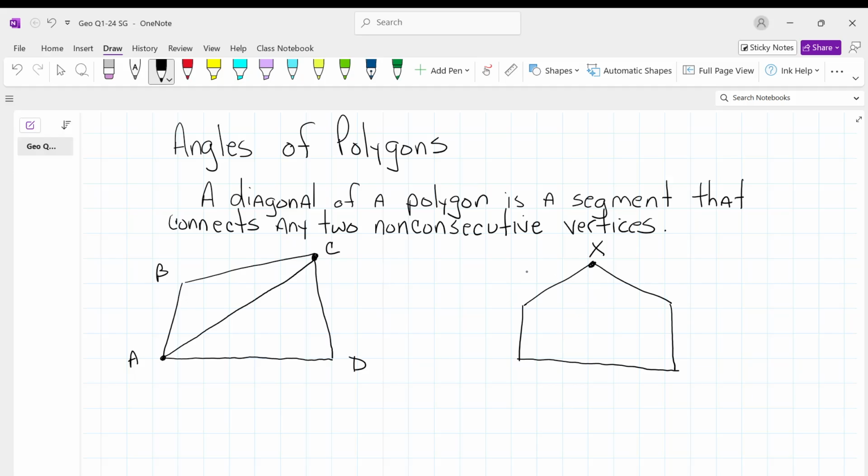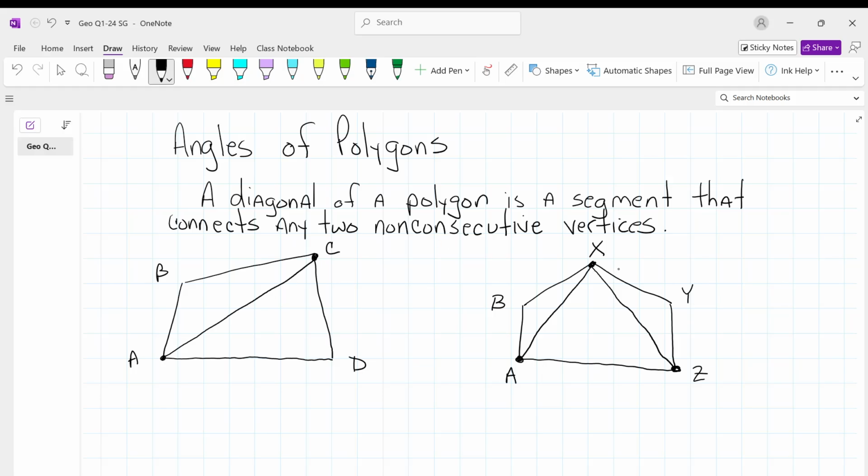Now, I would connect X to Z. X to Z would be called a diagonal. And then I can connect X to A, and X to A would be another diagonal. All right?